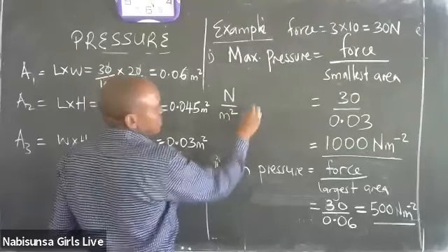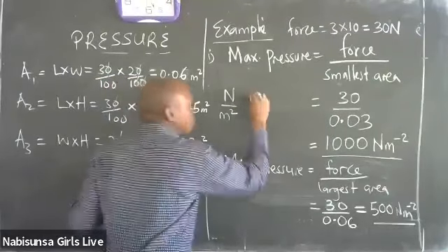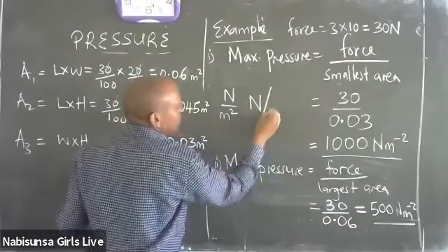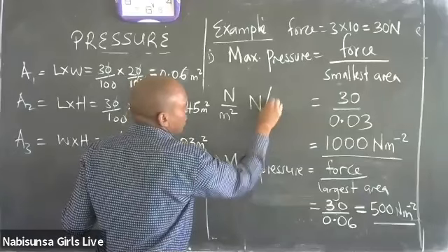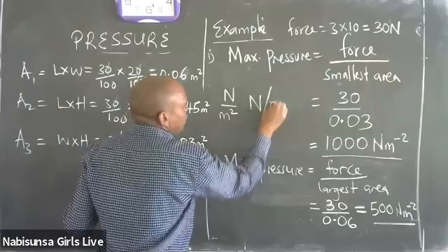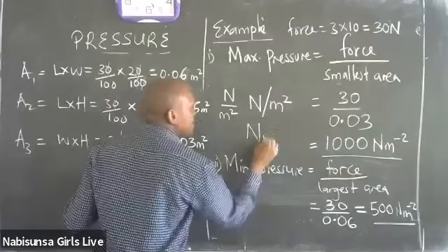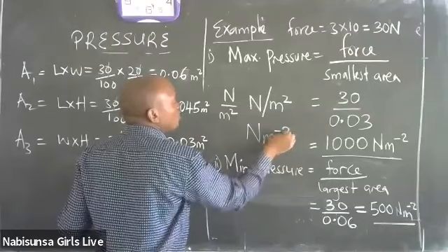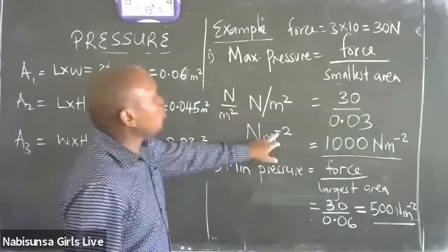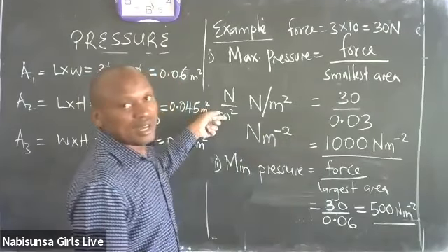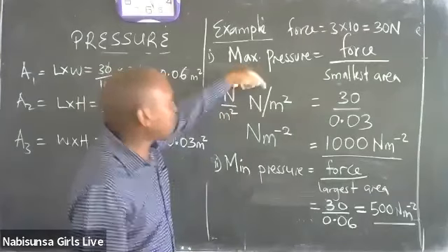Now in science, you can write this as newtons, you can put a forward slash. Or you can write N, then small m, and you put a negative 2. A negative 2 means the m was down.